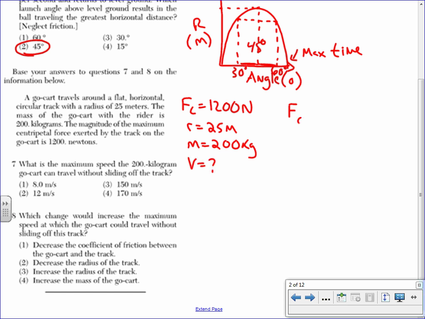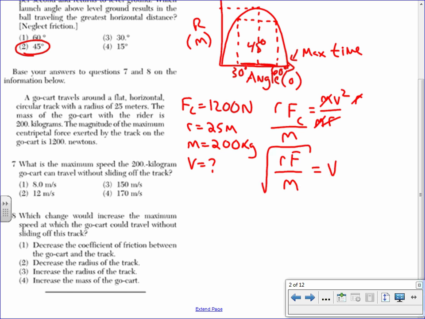The equation that relates forces with velocities is F sub c equals mv squared over r. Doing a little bit of algebra, we get r times F over m, and then square root that, equals my speed. And if you plug in those numbers, you get a value of 12 meters per second.